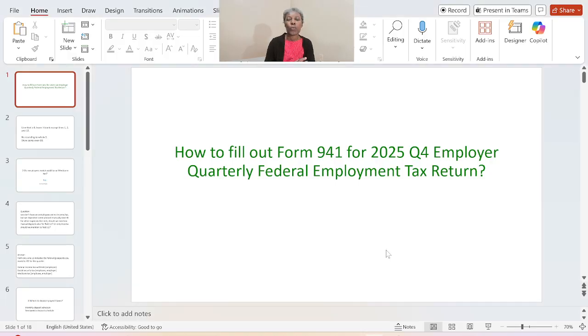Hello, how to fill out Form 941 for 2025 Quarter 4, the Employer's Quarterly Federal Tax Return.